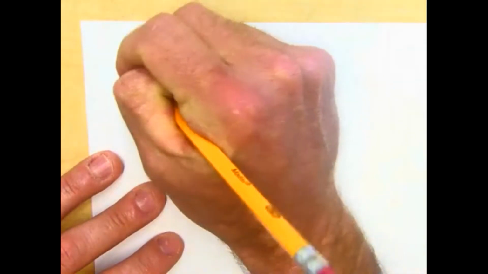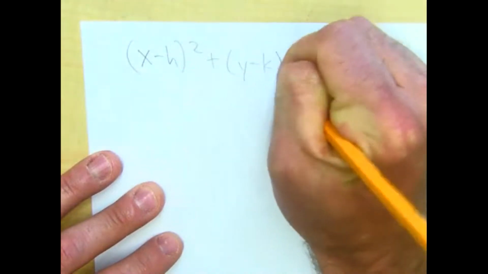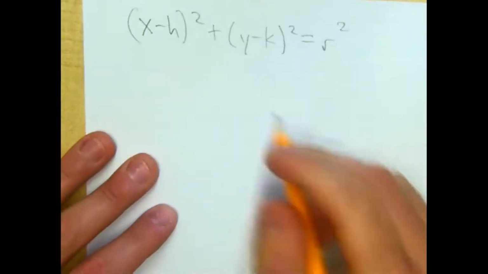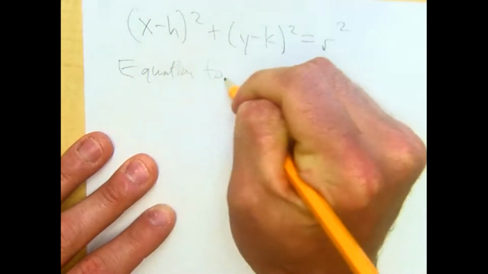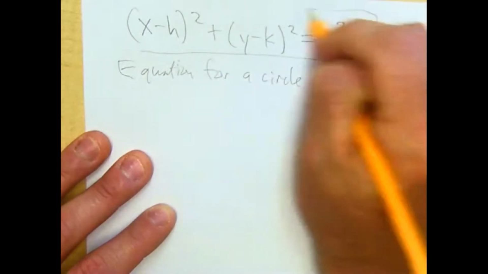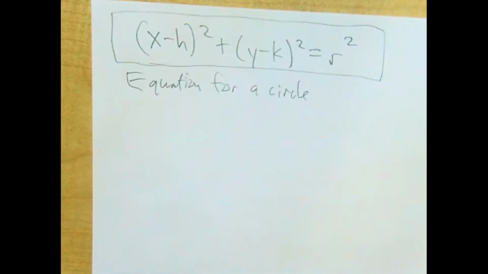Okay, so here's the big overarching idea, the algebra kind of thing. So write this down. This is the equation for a circle. We say (x minus h) squared plus (y minus k) squared equals r squared.